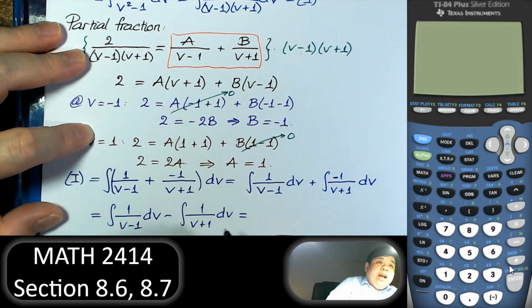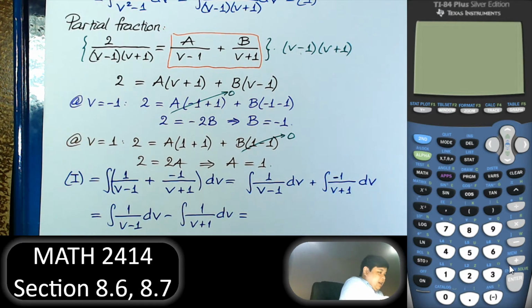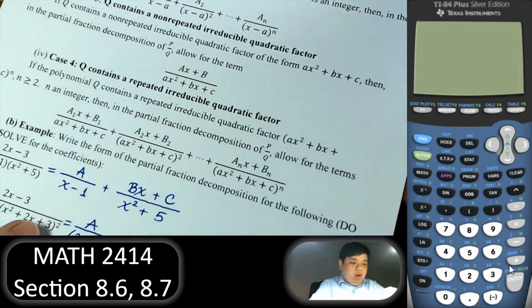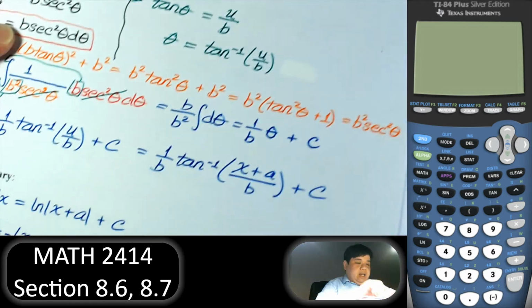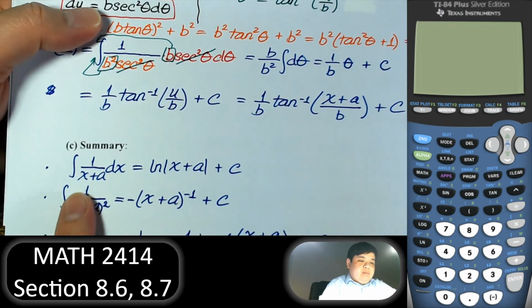Right. Now, section 8.5, like I said, this section is a good review of all other sections. Section 8.5, before we do the partial fraction, we review the integral. And so integral of 1 over x plus a is going to be that.